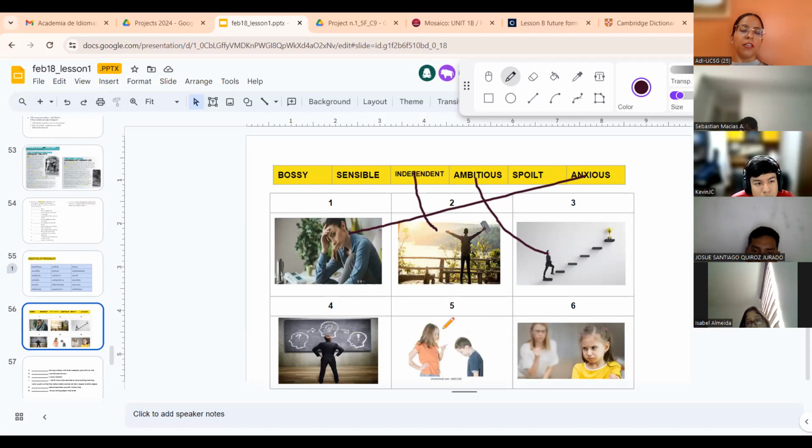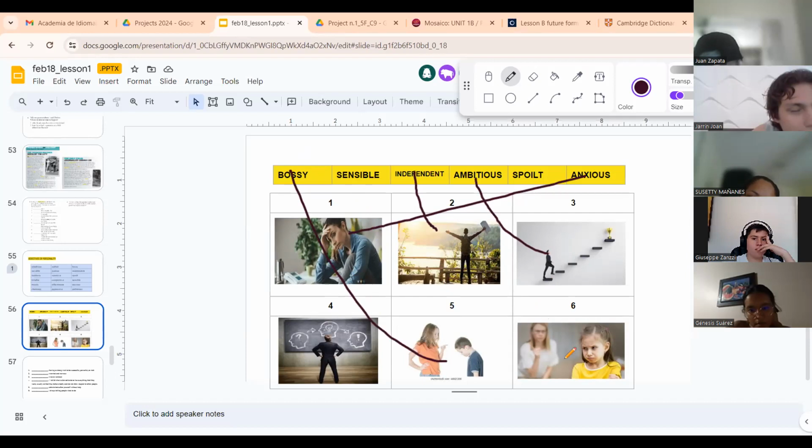Look at the girl. The girl is telling the boy what he has to do. Oh, okay. Bossy. Bossy? Yes. Did you say bossy? Yes. Okay, bossy. Number 5.